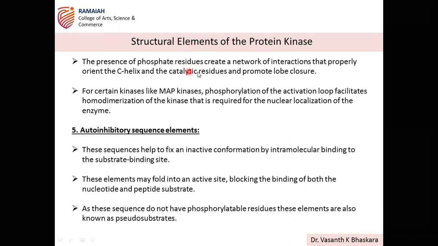So the presence of phosphate residues creates a network of interactions that properly orient the C helix and the catalytic residues and promote lobe closure. C helix, we discussed that it is the one which has a regulatory function, right? So after phosphorylation, this forms the network of interactions, and these will influence the C helix and then the catalytic residues, promoting the lobe closure.